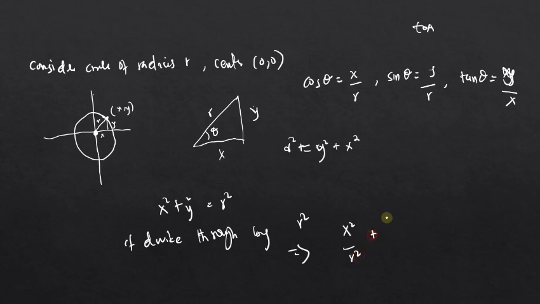So 1 is equal to x over r all squared plus y over r all squared, right? But we know that x over r is equal to cos theta, and y over r is equal to sin theta, right?